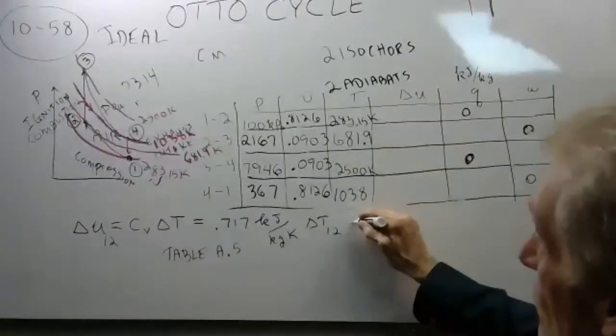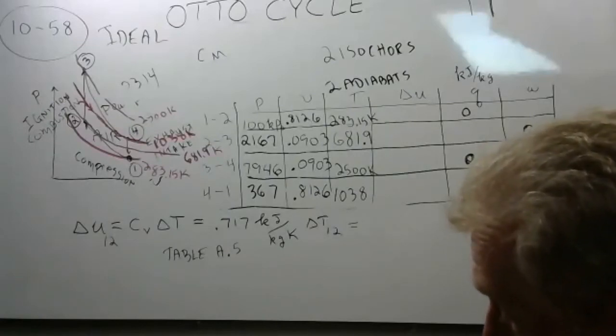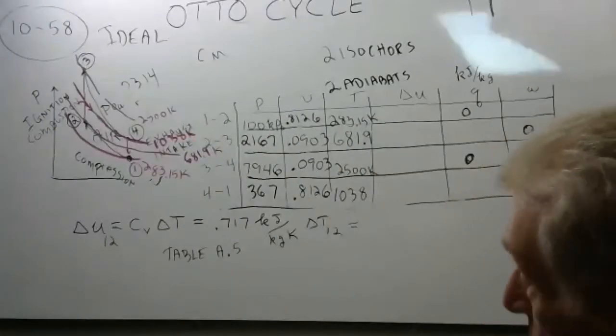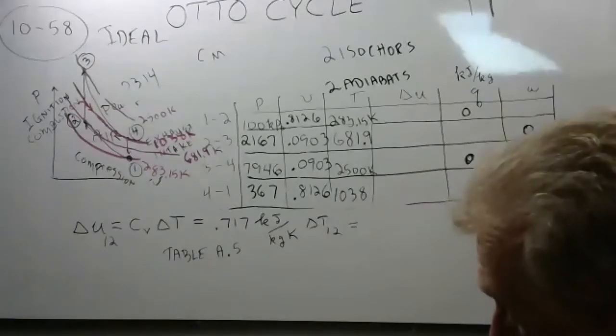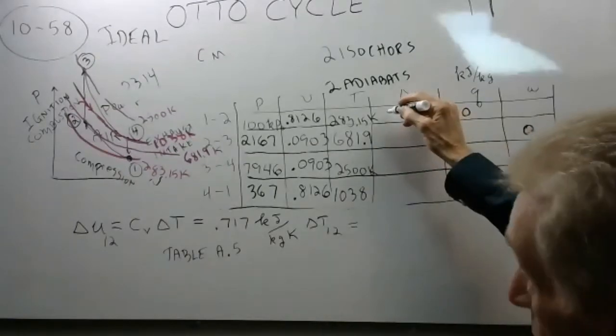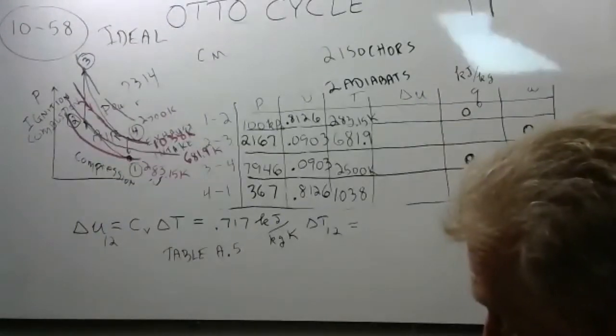Here we go, I'm gonna do it. Now the change in temperature is 681.9 minus 283. Well, here's what I got. Now wait a minute, you got to multiply by 0.717.